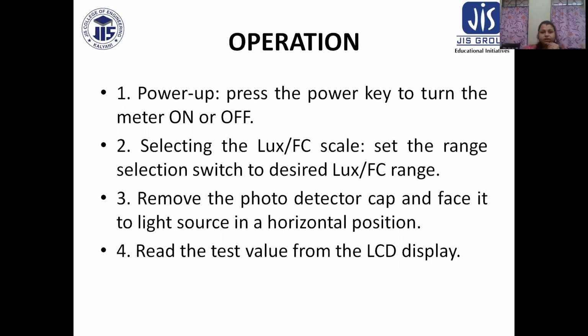That means if we want to measure the lux level of any particular place, then we have to go to that place carrying the lux meter, and it is placed in the horizontal position. After that, we get the test value in the LCD display.